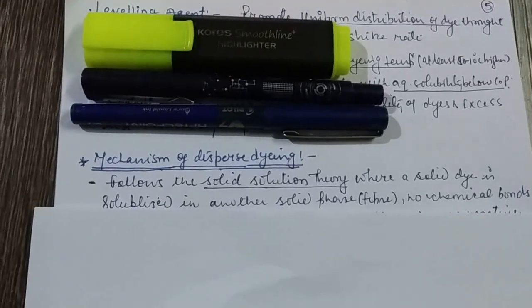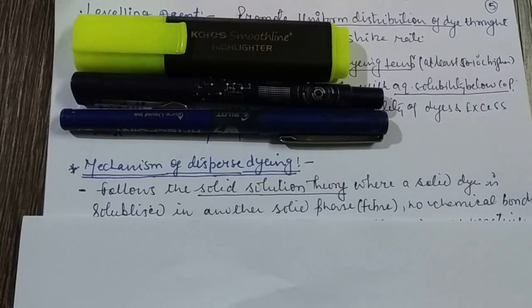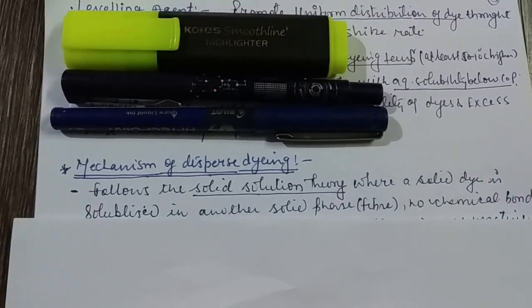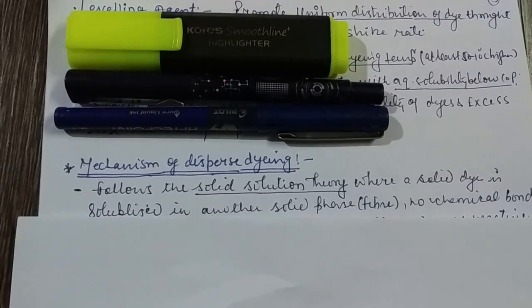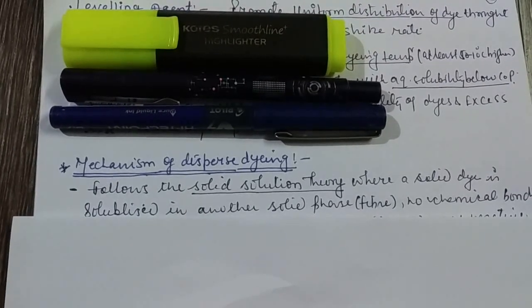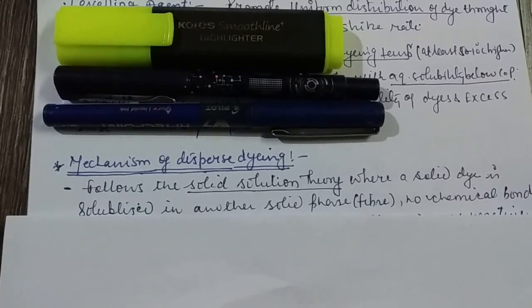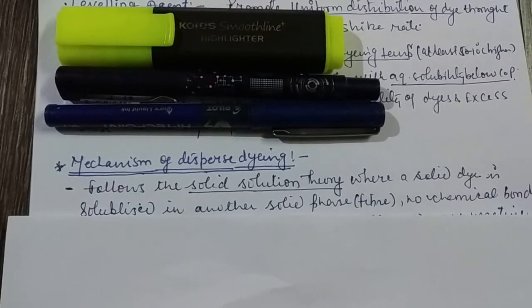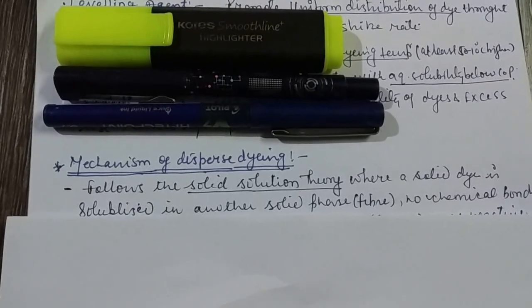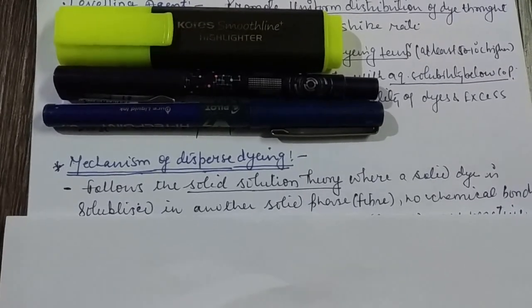Now, as we discussed in the last lecture, very briefly, the basic concept involved in disperse dyeing and the various steps of disperse dyeing on polyester fiber. Today we will discuss the mechanism involved in disperse dyeing of polyester fabric in some detail.